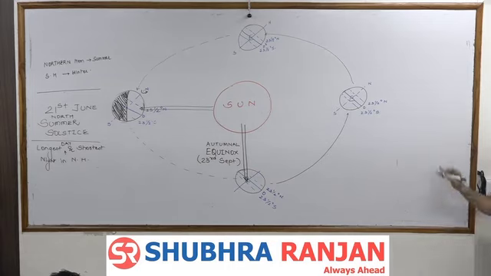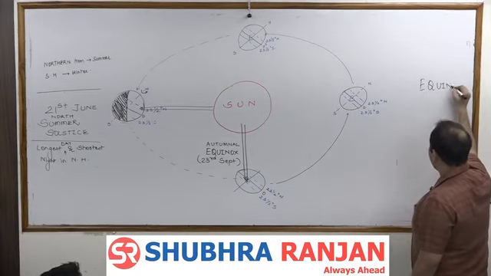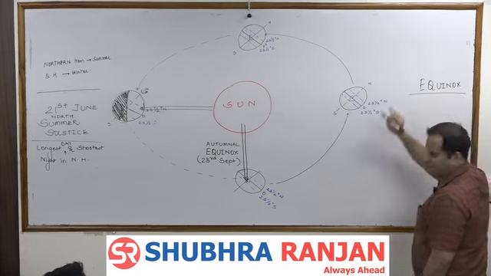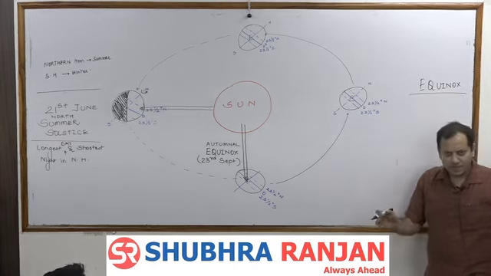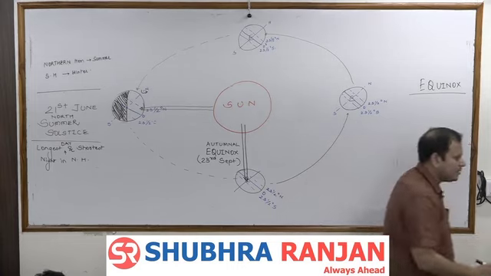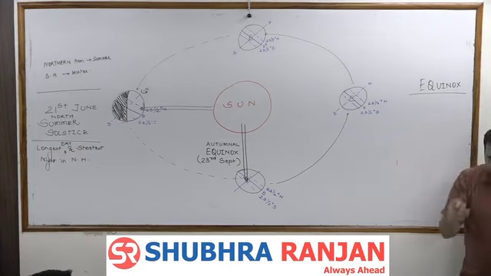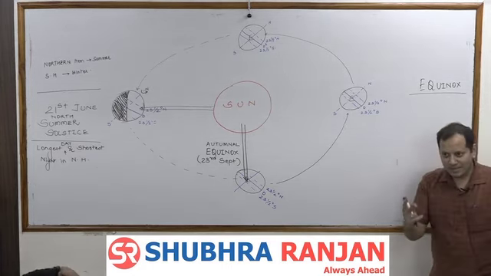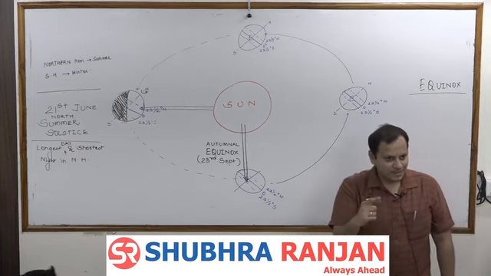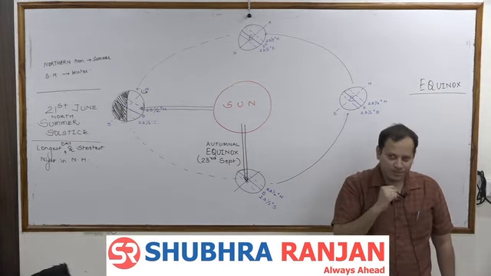Why the word equinox? Insolation will become 50-50. Equal day and equal night. Option A: equal day and equal night at all the places between Tropic of Cancer and Tropic of Capricorn. Option B: equal days and equal nights at all the places between 66.5 north and 66.5 south.